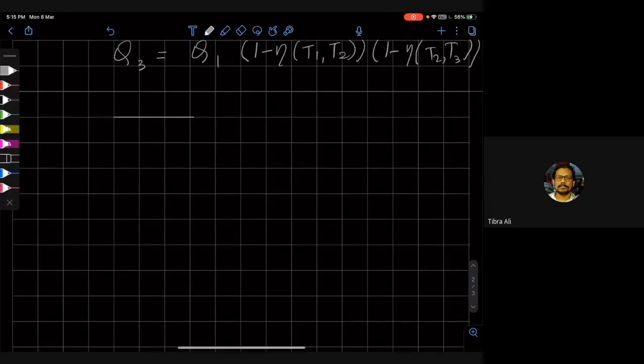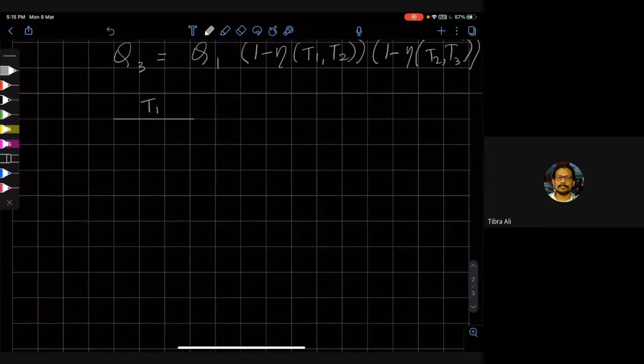So we have T1, a reservoir at some temperature T1, and T2 is another reservoir, and this engine is absorbing the heat Q1 and giving up the heat Q2, okay? And this is the work that is going out. And this is Carnot engine number 1. And then we have another Carnot engine number 2.